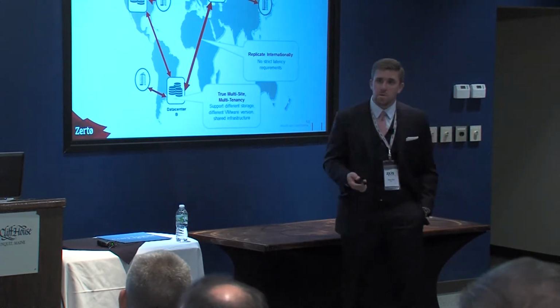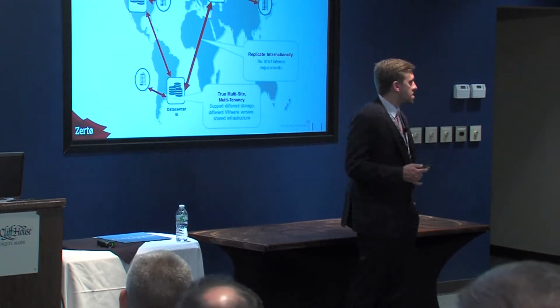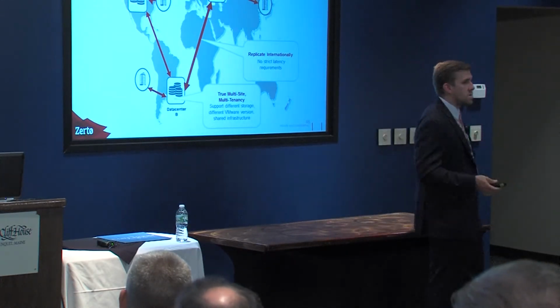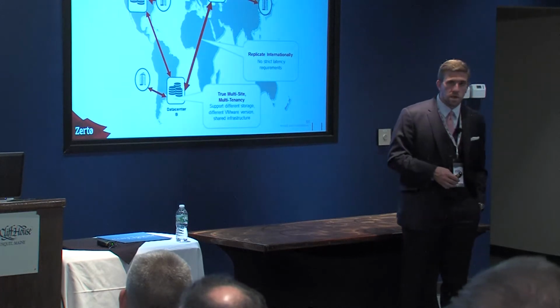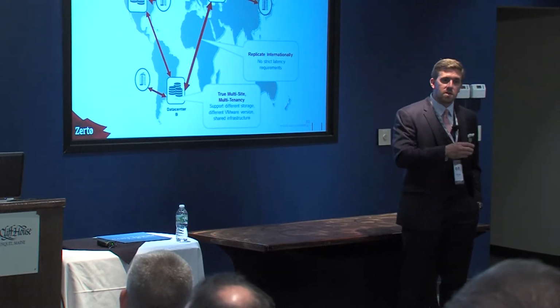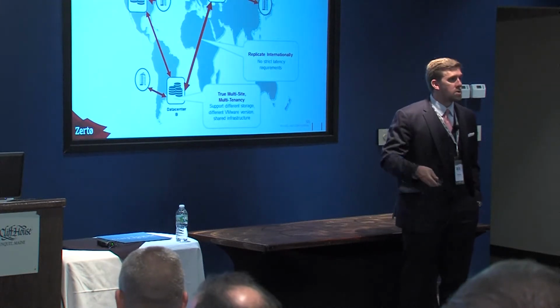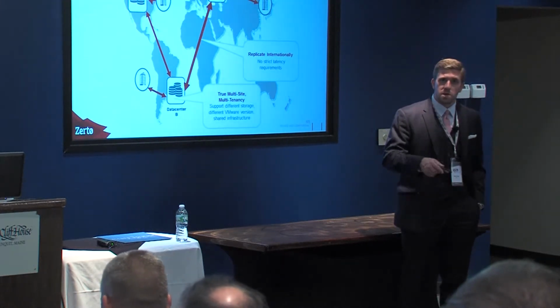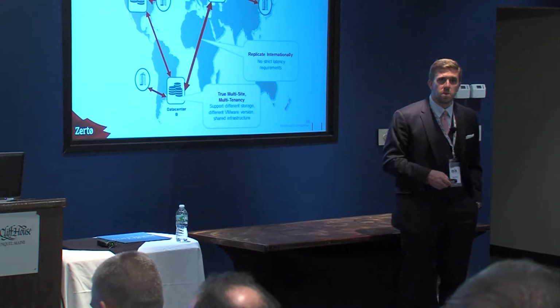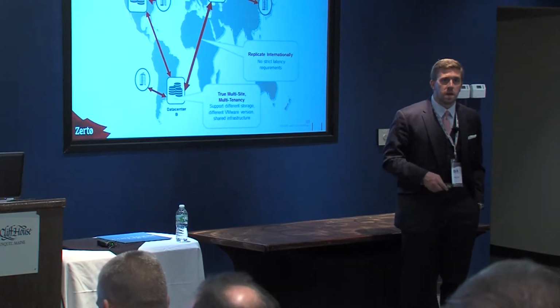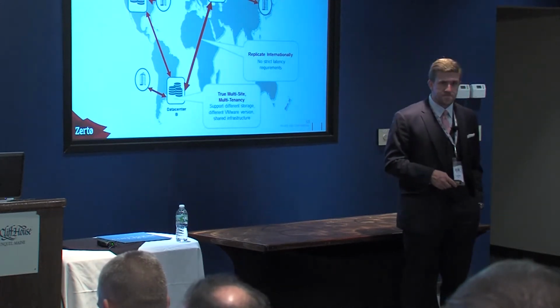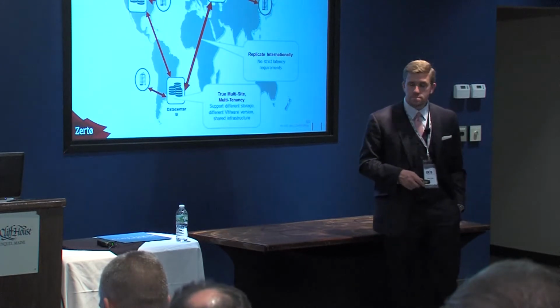With Zerto, they were able to encompass all those branch office sites and replicate them all up to San Francisco, along with their main data center down in San Diego. And again, that San Diego vCenter was managing all those secondary sites, so Zerto was able to encompass those sites. As long as vCenter can see the multiple sites that you manage, Zerto will be able to replicate all those locations for you within that single vCenter.